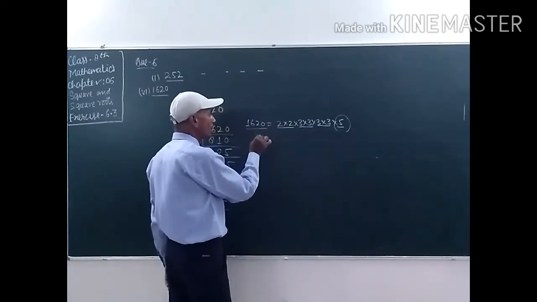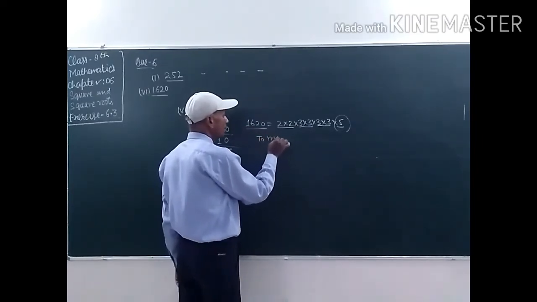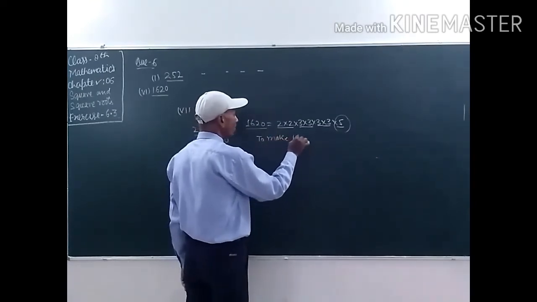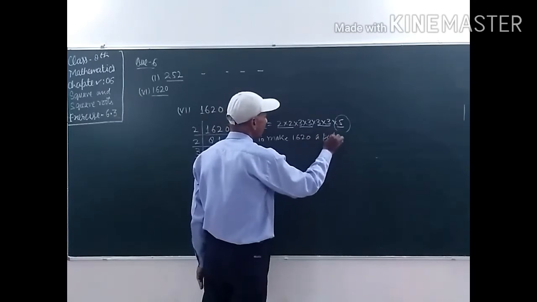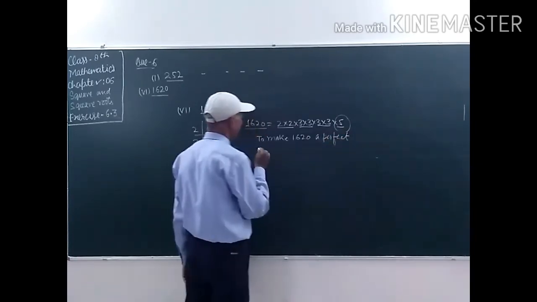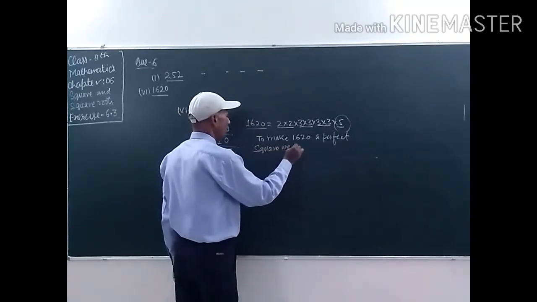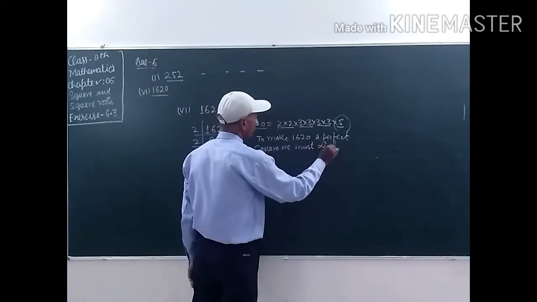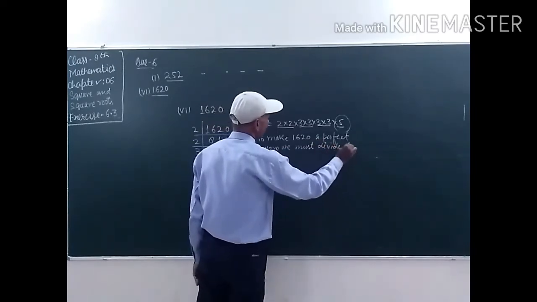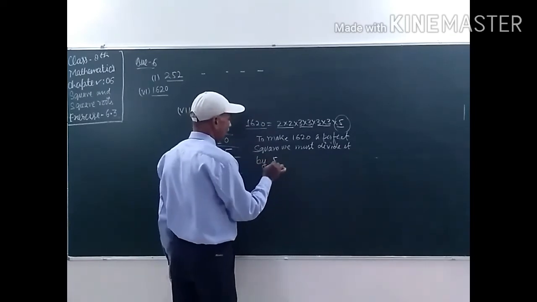So to make 1620 a perfect square, we must divide it by 5, clear friend.